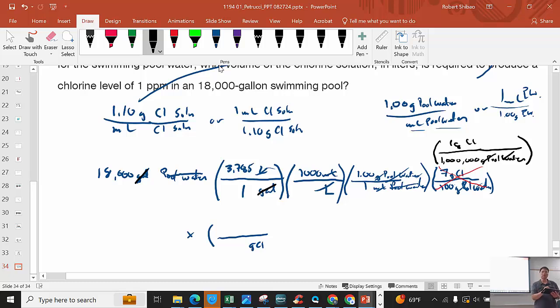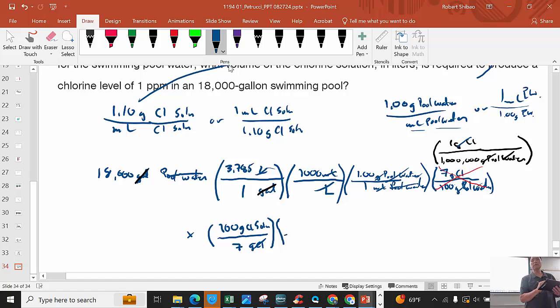So now I've got to get rid of grams of pure chlorine. And what will do that? Now I can use this: 7 grams of pure chlorine per 100 grams of chlorinating solution. And so the grams of chlorine cancel here. And that leaves me with grams of chlorinating solution.